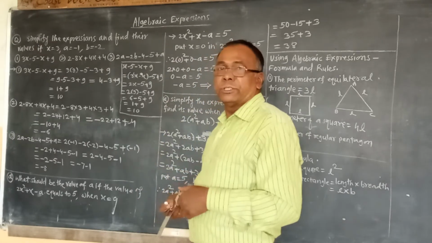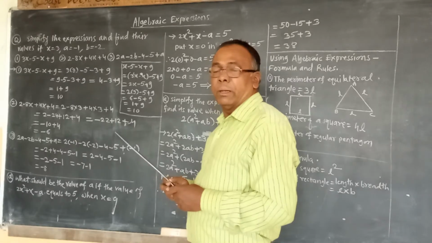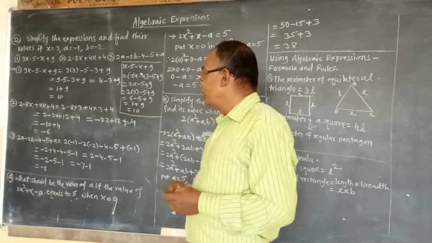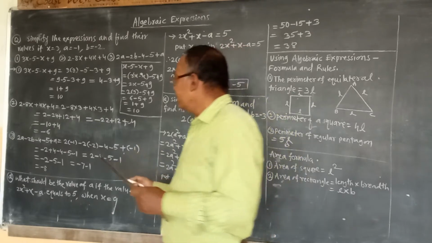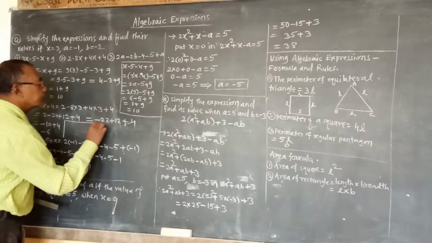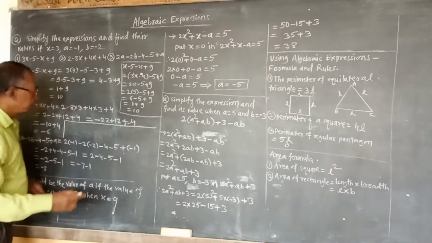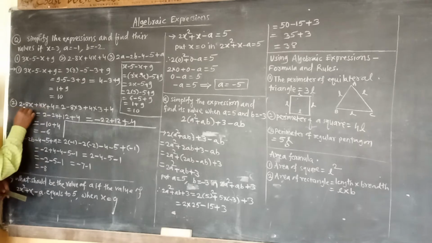We can solve the given example by the second method also. Here we can write minus 8x plus 4x, these are the like terms.